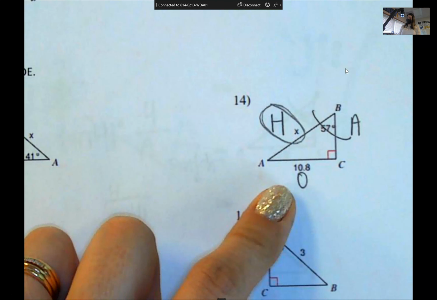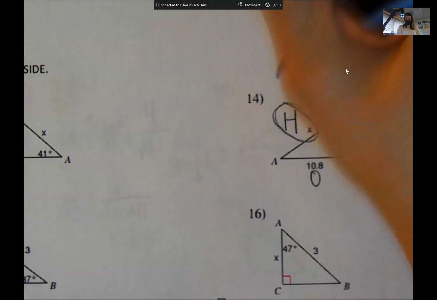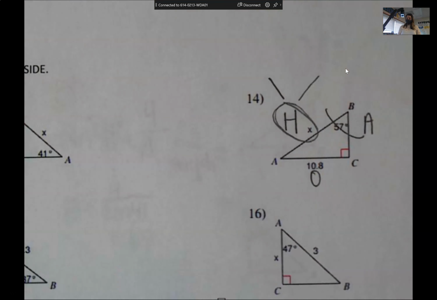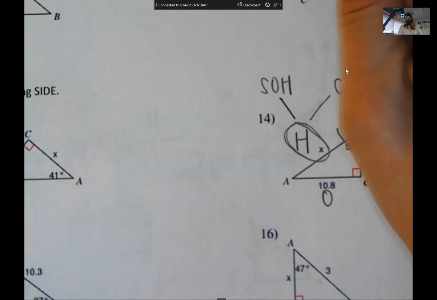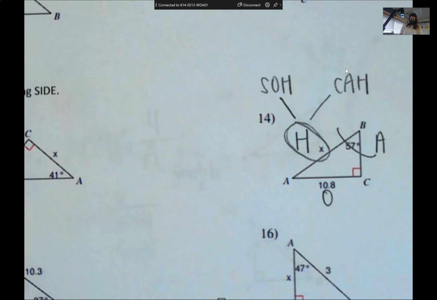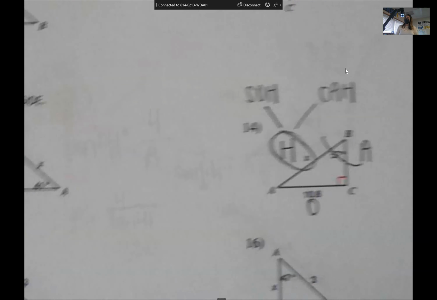They want me to find H, which means that I have to use one of the ratios that has H. So that's either SOH or CAH in the SOHCAHTOA.